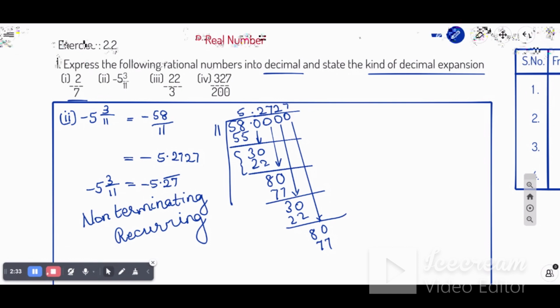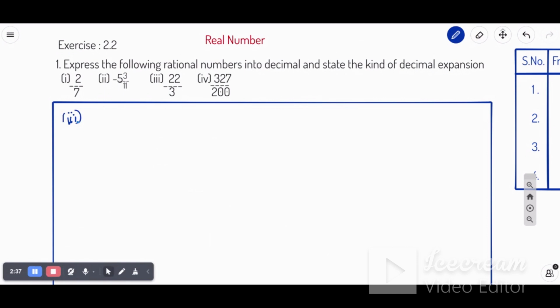The third question is 22 divided by 3. So this is an easy table. Anyways, let us check our answer. 22 divided by 3. So I am going to divide it by 3. 7 3s are 21. And then if I put my point, it will be 1. Let me put my point here also and take the 0 down.